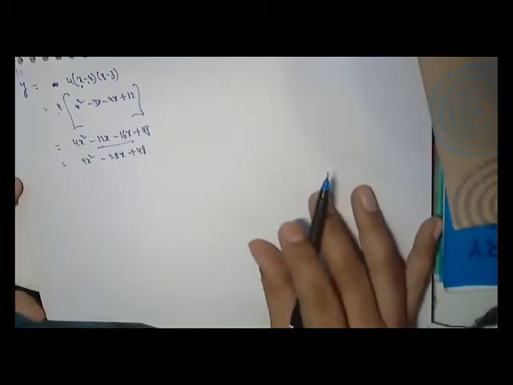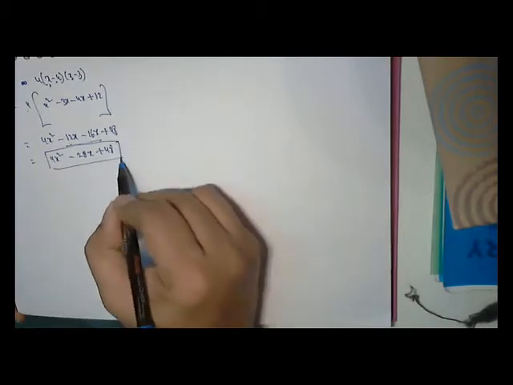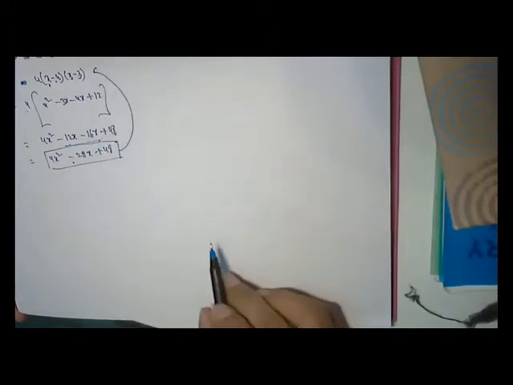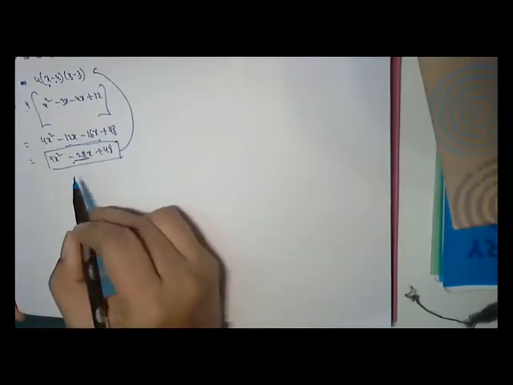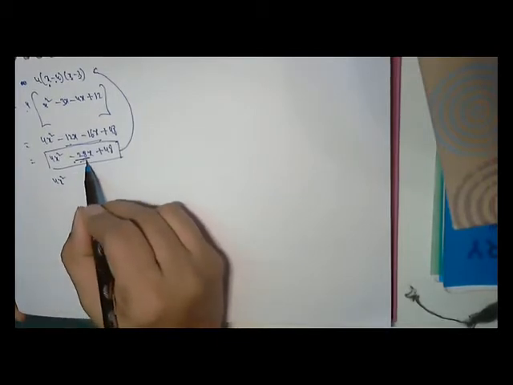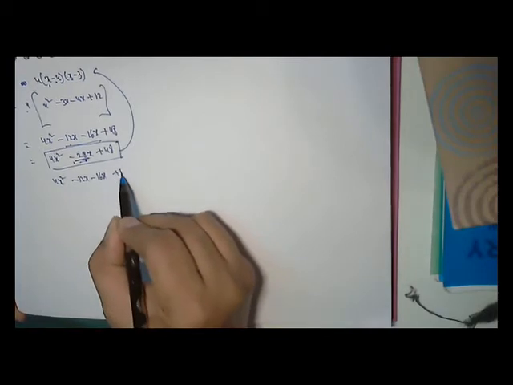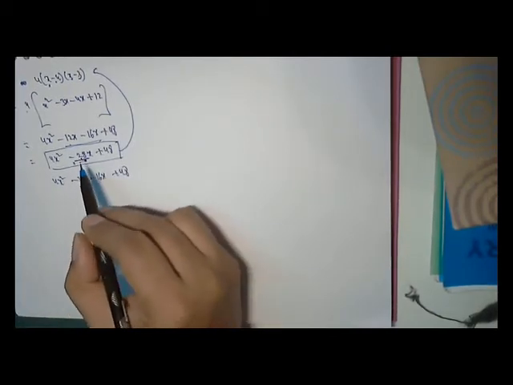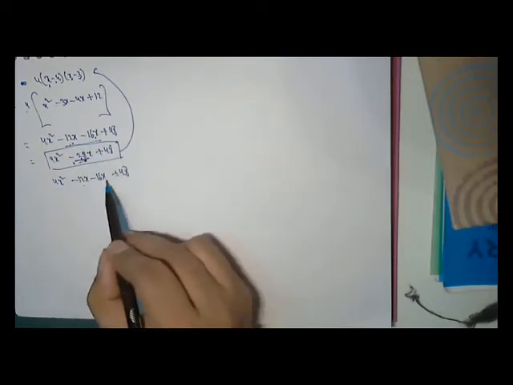Now, I want to convert this equation into factors. Reverse process. What is the reverse process? I'm going to split this into two terms, minus 12x minus 16x plus 48. So minus 28 is split into two terms, minus 12x minus 16x.